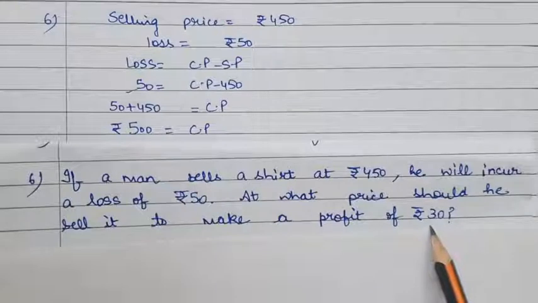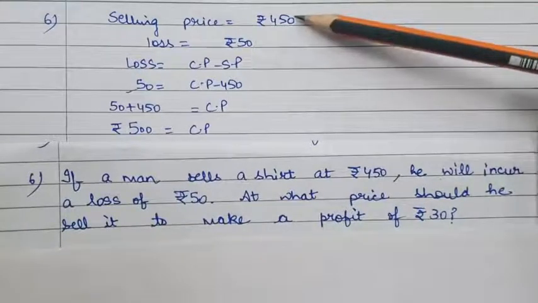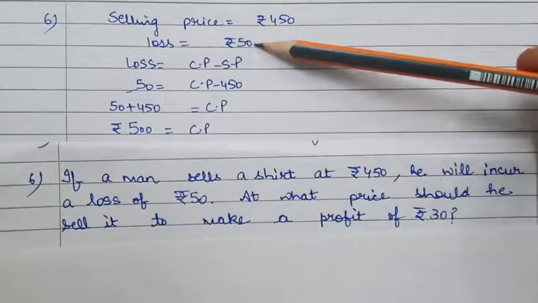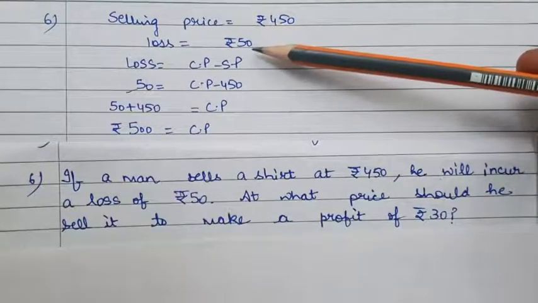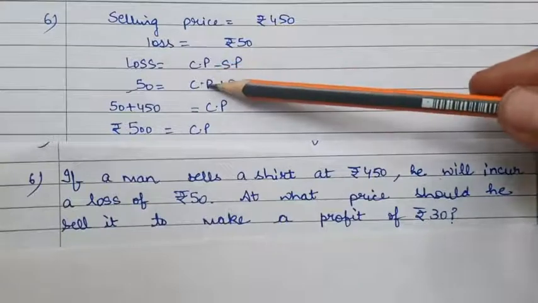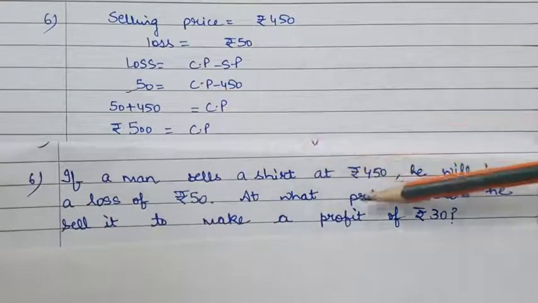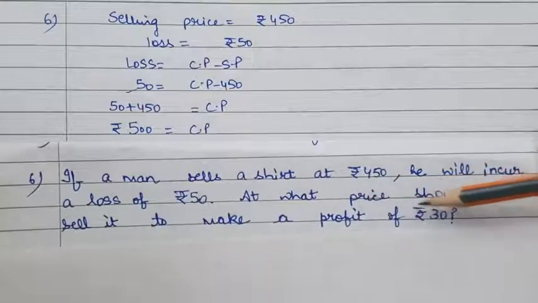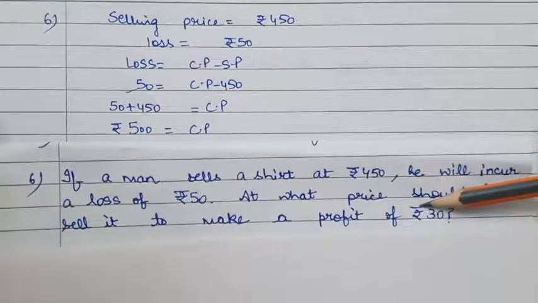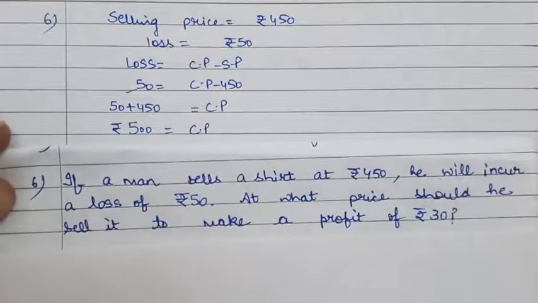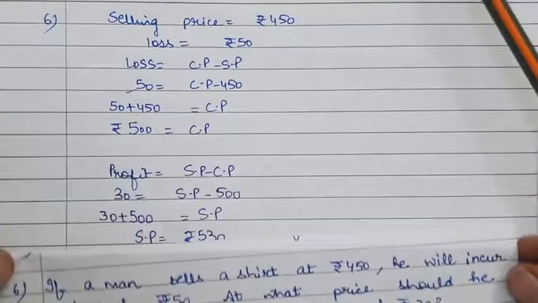Means there are two cases. In the first case, selling price and loss are given to us and we will find cost price. Now with the help of cost price, in the second case where profit is given to us, we will find the selling price.